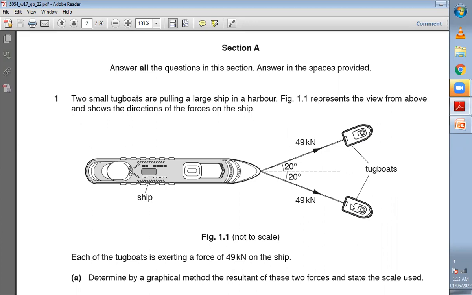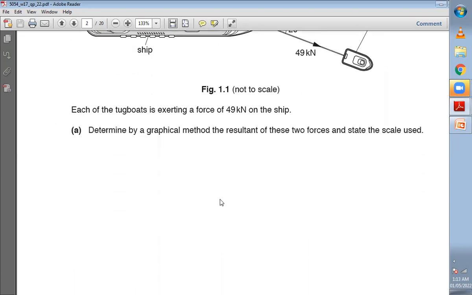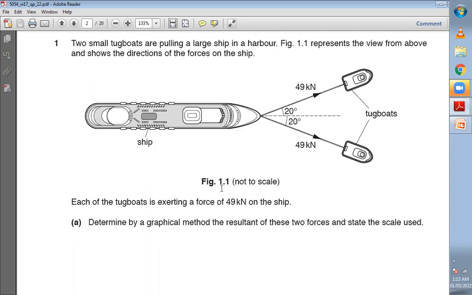This tugboat is also making a 20-degree angle. The force applied here is 49 kilonewton. Each of the tugboats is exerting a force of 49 kilonewton on the ship. Determine by a graphical method the resultant of these two forces and state the scale used.